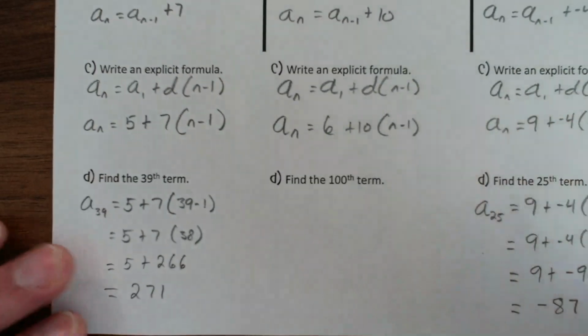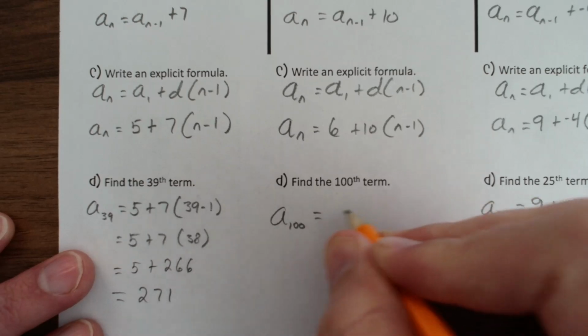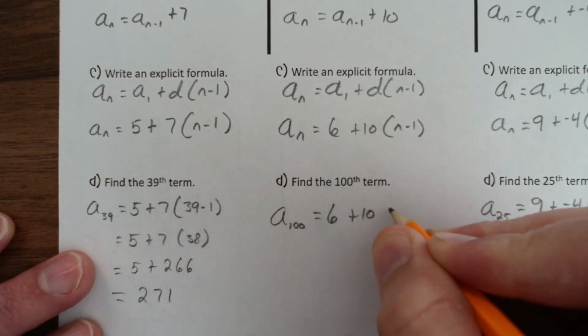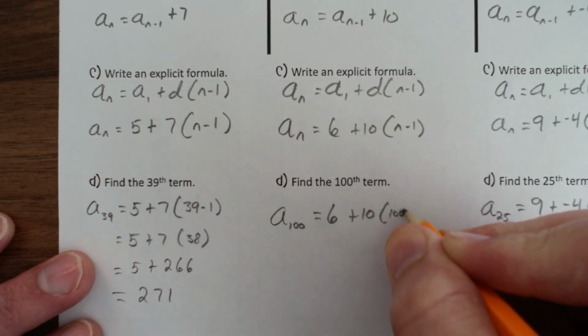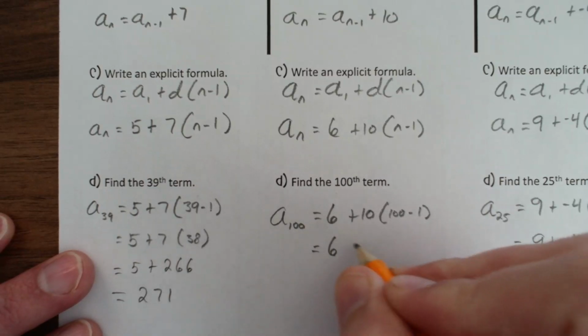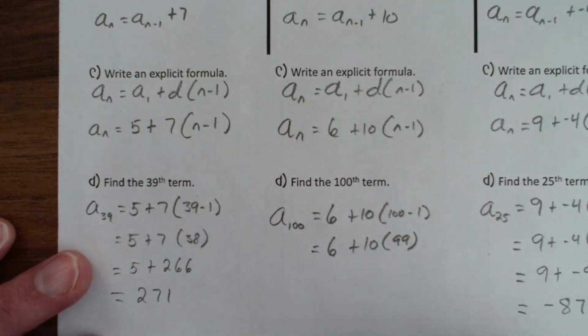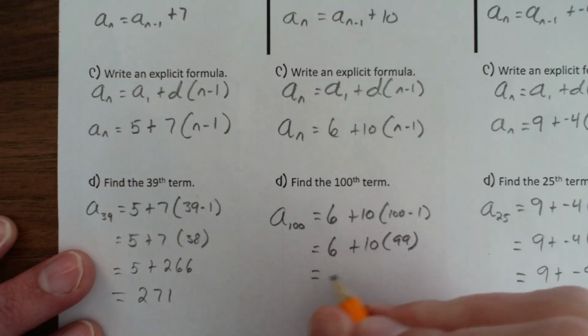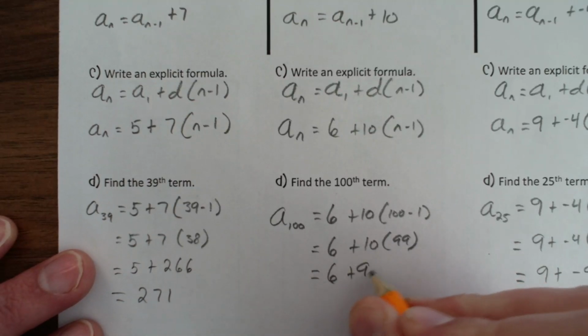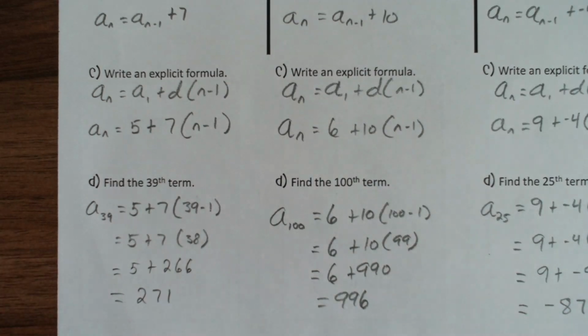So finding the 100th term, I'm going to say a_100 equals 6 plus 10 times (100 minus 1). 100 minus 1 is 99. 10 times 99 makes 990, plus 6 is 996.